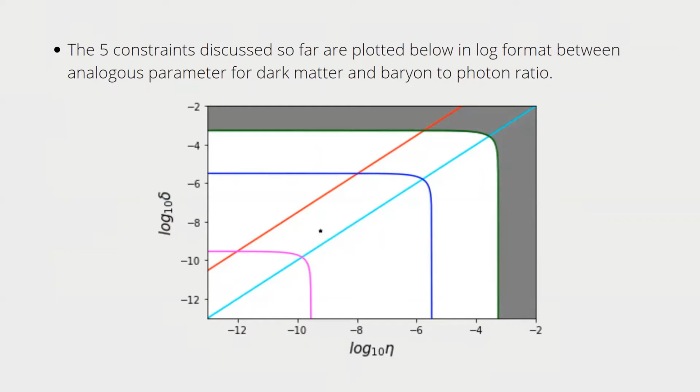The region between the purple and the green curve represents the non-linearity before decoupling, and the region beneath the pink curve represents the equality after decoupling, and the region above the red curve represents the fragmentation, and below is the Silk damping, and the dot you all can see is our current universe in which we are living. So yeah, in the sense that the habitable area is only between the red, the sand, the pink, and the blue area.